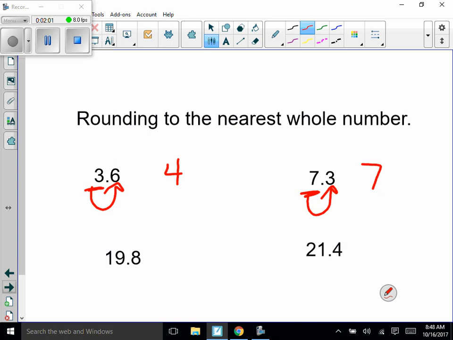Now, further explanation of this is what it's asking is which one is it closer to. Is it closer to 7 or is it closer to 8? And I would say 7.3 is more down here. So what it's saying is that you keep it the same or you round down, keep it a 7.